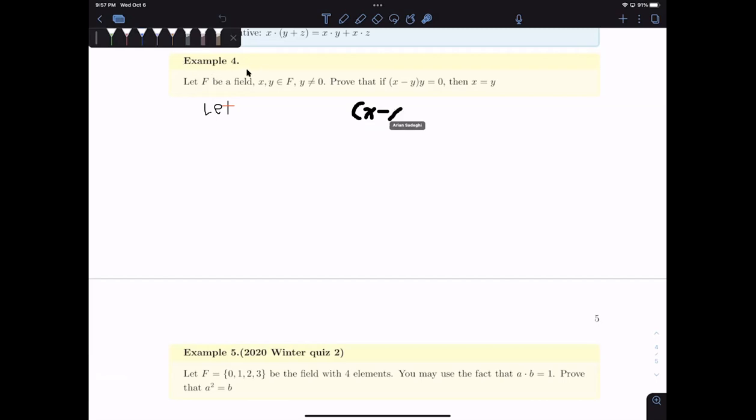What is your question? I just had a quick question for these type of questions. We always solve from the given and then make our way to what we need to prove? So we have then x equals y, so for the proof we start from there and work backward. No, no, that's for the rough work. This is what's given. This is what you need to prove. Okay, thank you. I just had it mixed up from the rough work part.